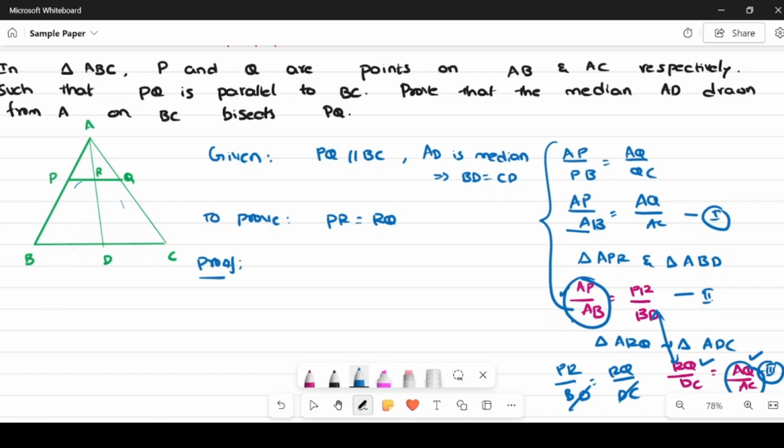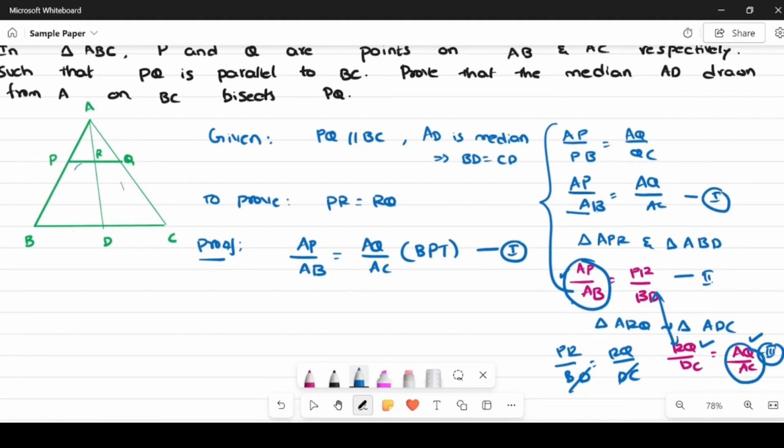Since PQ is parallel to BC, AP by AB is equal to AQ by AC, from basic proportionality theorem, BPT. Let us say this is relation 1. Then we have triangle APR similar to triangle ABD. It implies AP by AB is equal to PR by BD.